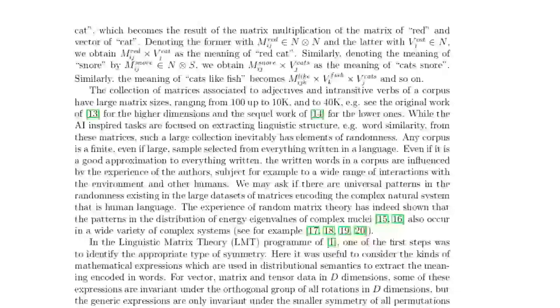And the meaning of cats like fish means you've got a three-dimensional tensor for like, which is a transitive verb, and you operate that on fish and cats. Okay, so this is fairly straightforward, I think. You've just got tensors that operate on vectors. I have an issue with this whole approach, but let's ignore that for now.